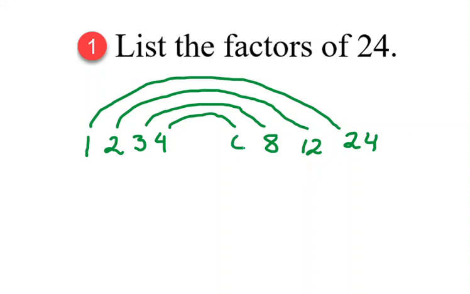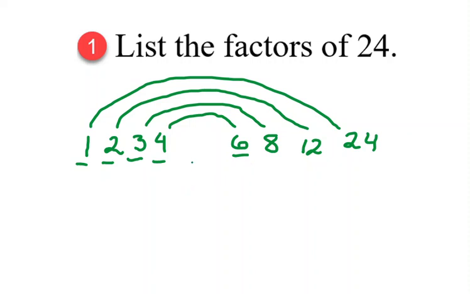Right, 4 times 6. Notice that we've gone in order. 1, 2, 3, 4. Now we're going to try 5. 5 times what equals 24? Nothing, right? 5 times nothing equals 24. And then here's 6 right here. So it kind of closed in on itself. It went 1, 2, 3, 4. We tried 5. That didn't work. And there's 6 right there. So we've got all of them right now.